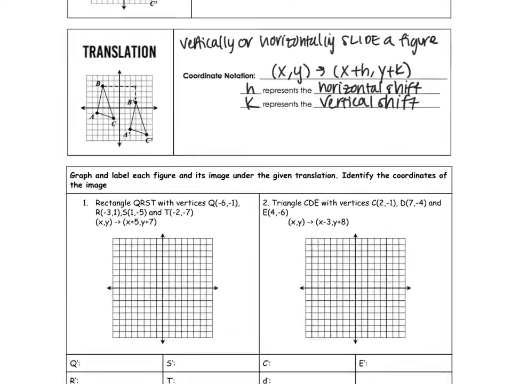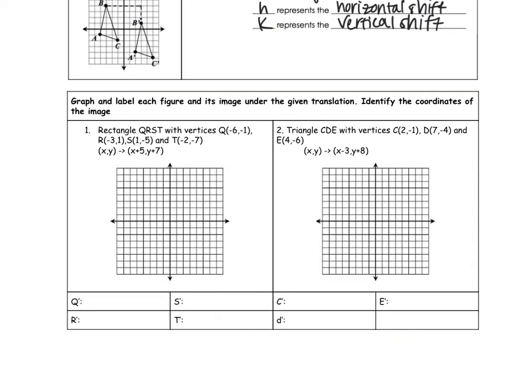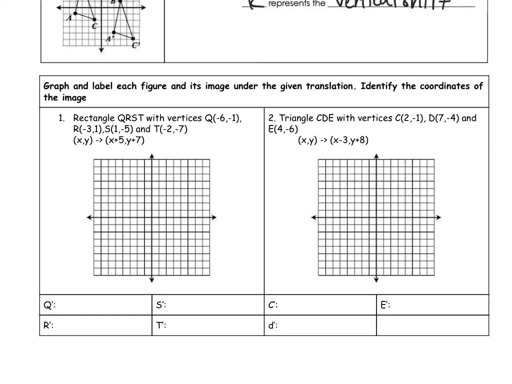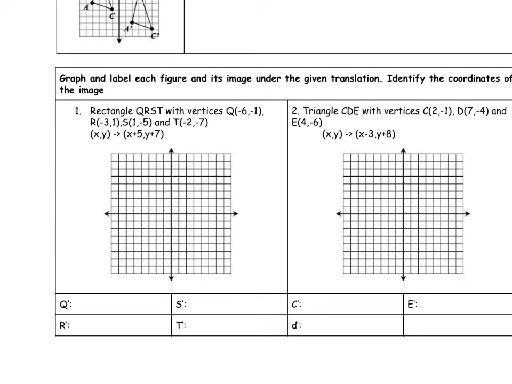All right, so we're going to graph and label each figure and then do the transformation. So here we have -6. We go left, 1, 2, 3, 4, 5, 6, and down 1. Okay, that's Q. Then R is -3, 1. S is 1, -5.